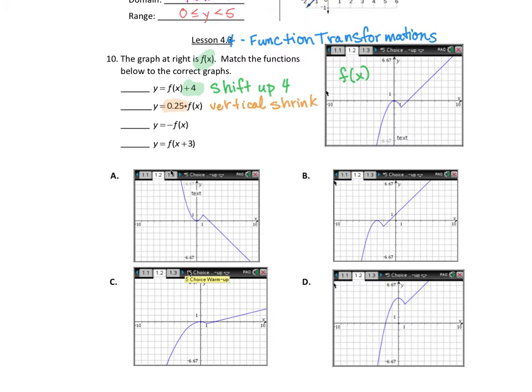So this one will look shorter and fatter, but if it's a stretch, it'll look skinnier and taller than the original. Our next example has added a negative, so that is a reflect. So this is a reflection over the x-axis.